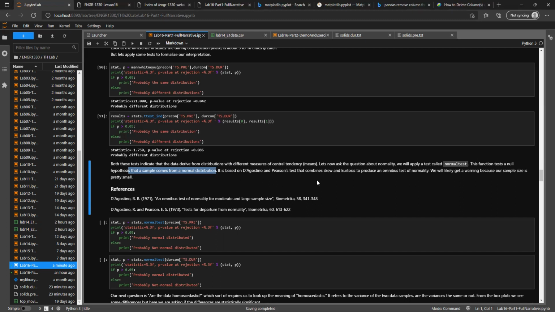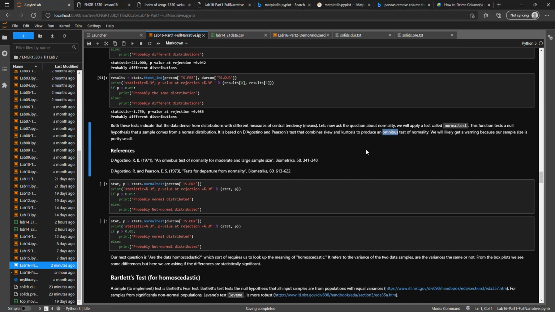This particular test combines skew and kurtosis to produce an omnibus test of normality. Omnibus, best way I can explain it is put a lot of things into one go. I do get a warning here because I think our sample size is 17 and it wants 20 or more, but it's just a warning.